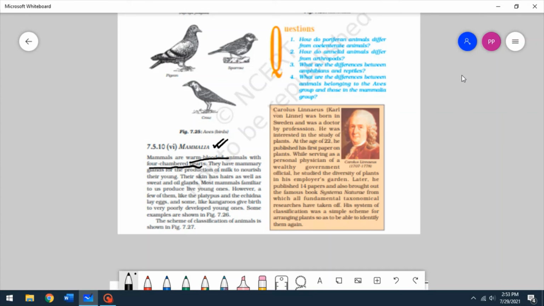Some organisms like kangaroos give birth to very poorly developed young ones. Once they're born, they're very weak, and as they grow, they gain their strength to become more developed kangaroos. Some examples are shown here.